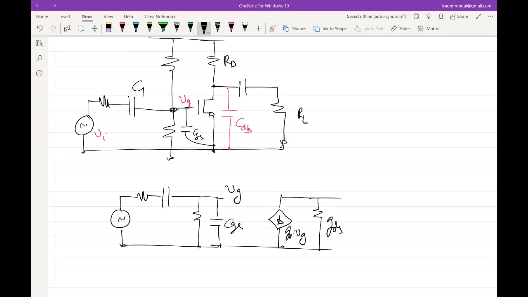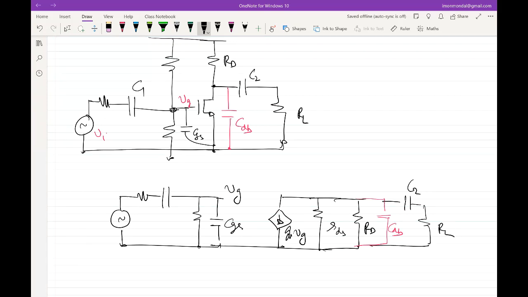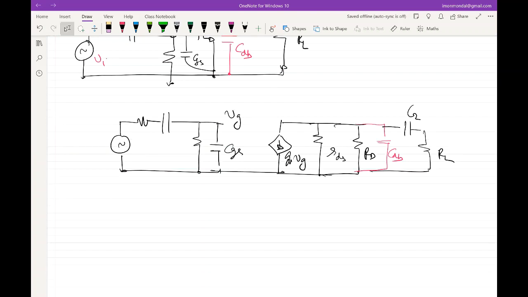Then there is an RD. Let me write in terms of RDS. Then you have RD. Then there is a CDB to ground. Then there is a capacitance C2. And then there is an RL. And we neglected the CGD for the time being. Okay.